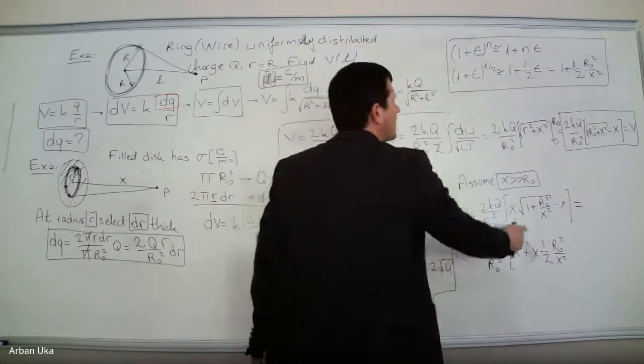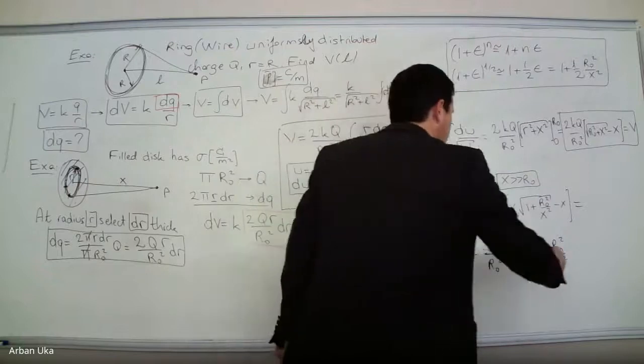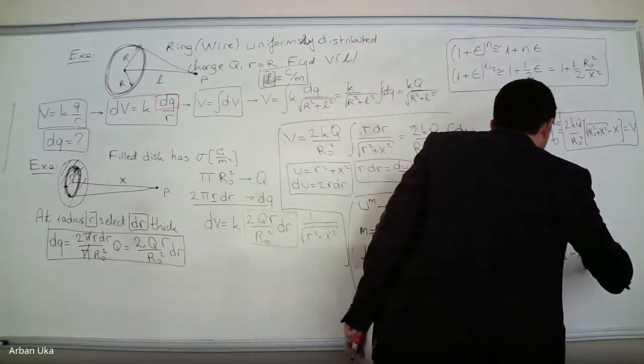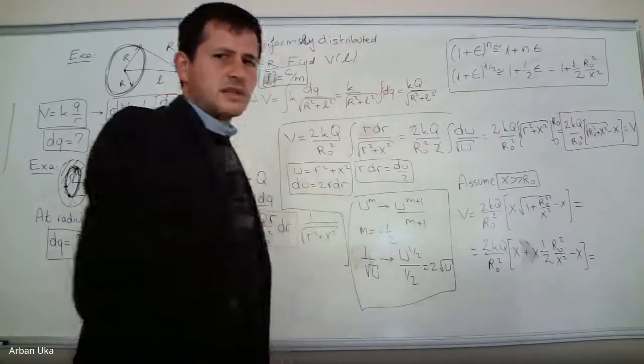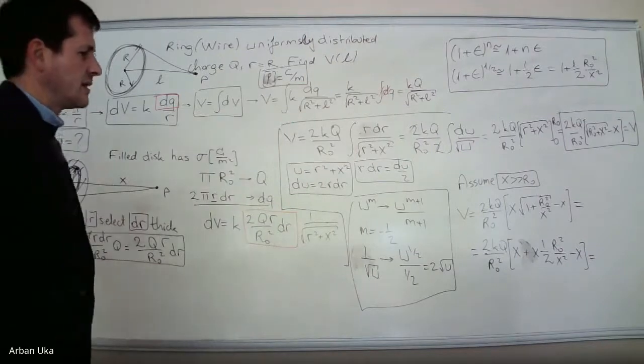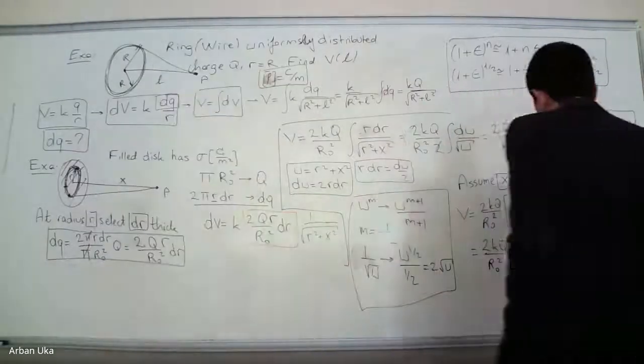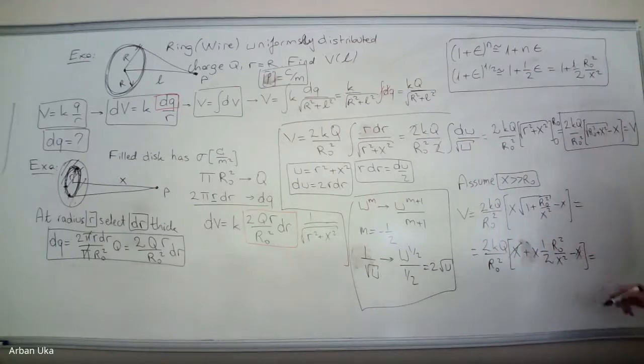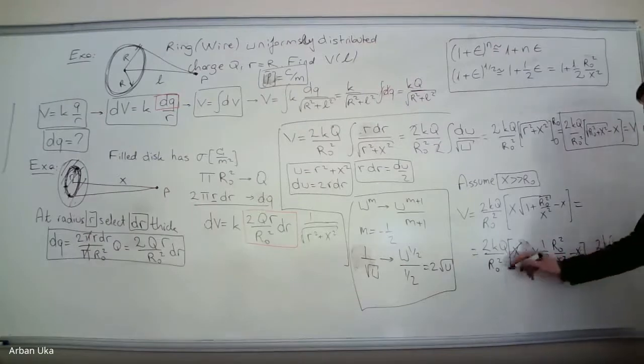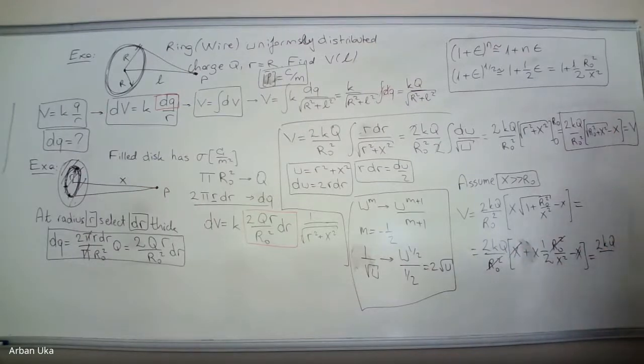So I multiply with x, the second term, minus x, and I think we can cancel these x's together, and this is equal to 2k cubed. Now this r0 squared is cancelled with this term here.